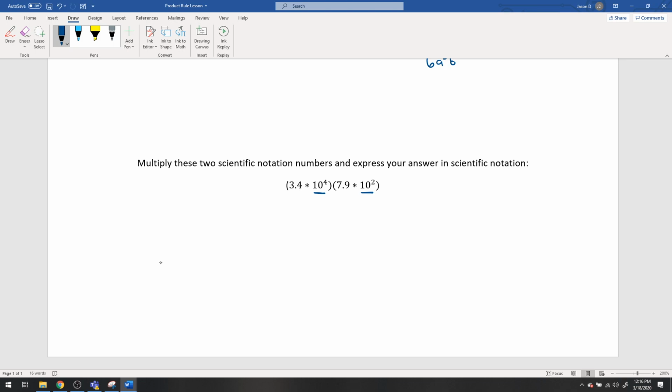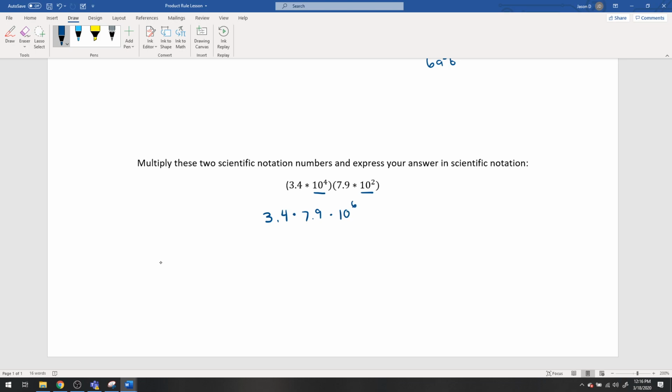The way this one's going to work out is that you're going to separately multiply your front two numbers together. We're going to say 3.4 times 7.9. We have the 10 to the fourth and 10 squared also to worry about. The product rule says we add 4 plus 2 for the new exponent over 10.